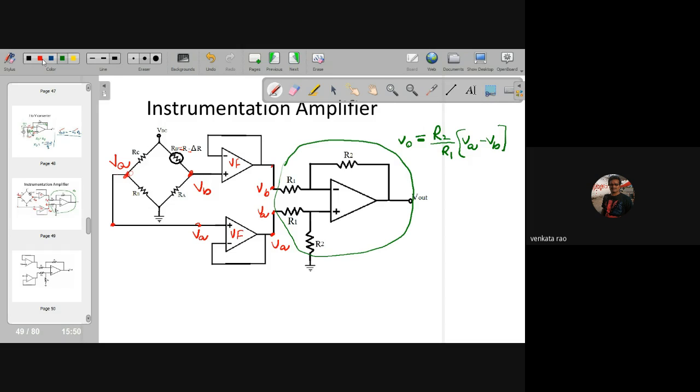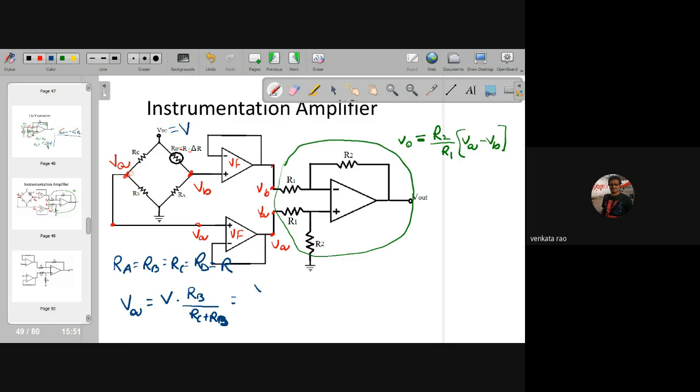For easy understanding, I am assuming RA equal to RB equal to RC equal to RD equal to a resistance R. Now I am writing VA is V into the voltage division RB by RC plus RB.